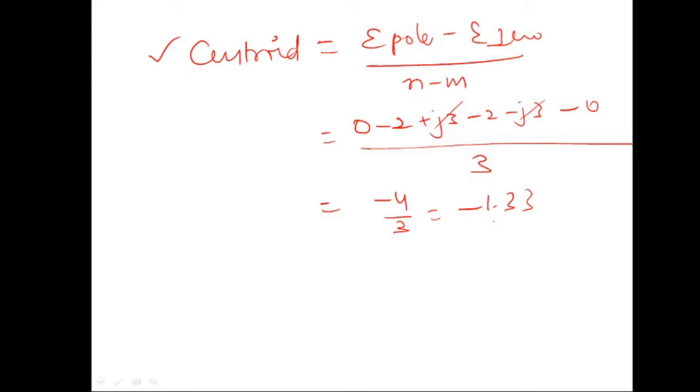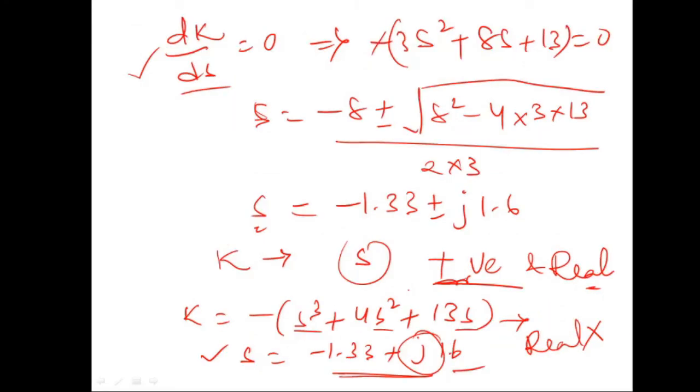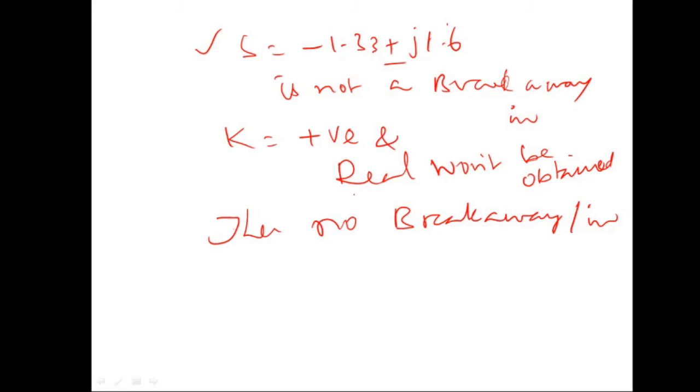We have to first find the closed loop transfer function. From the closed loop transfer function, we need to get the characteristic equation with K equal to. Then we need to find the derivative of K, dK/ds, and that has to be made equal to 0. We need to find the roots of s and substitute them in the K equation. If you get a positive and real value, that is the open loop gain.